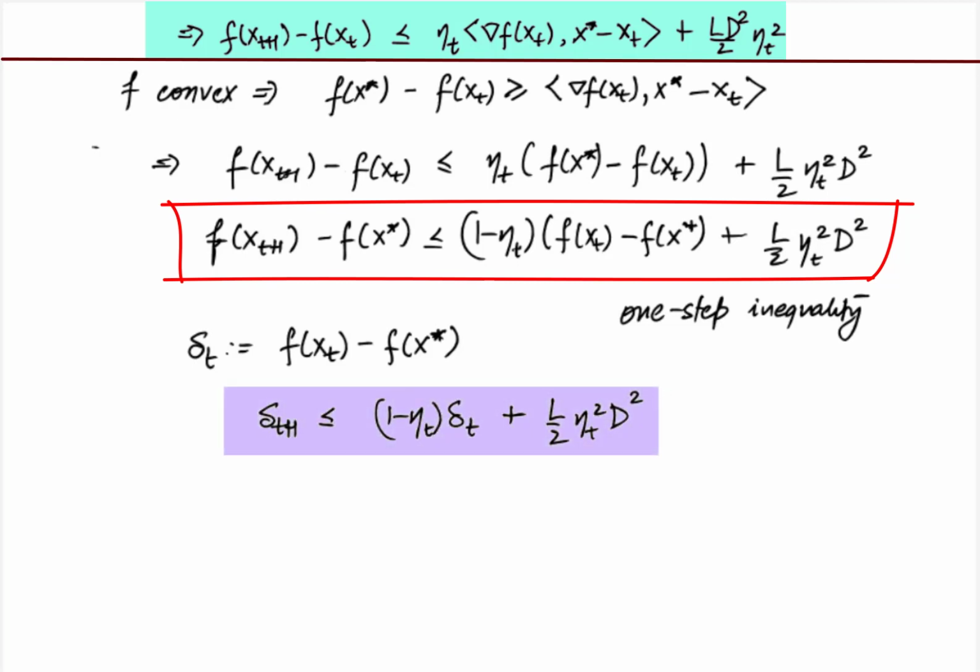First thing we can observe here is that the constant step size will not work. To see this, set eta t equal to eta, and then you can see that you get delta t plus 1 less than equal to 1 minus eta into delta t plus LD square by 2 into eta square. So if eta is a constant, the second positive term would accumulate over time.